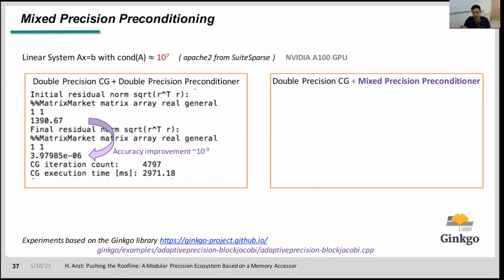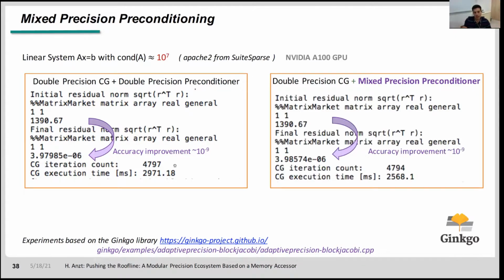What I'm now doing is the double precision CG, and a mixed precision preconditioner, where for each block I figure out which precision format I use to store this specific block. And what I can see is that I preserve the convergence. So the accuracy of the solver is the same as doing double precision CG plus double precision preconditioner.